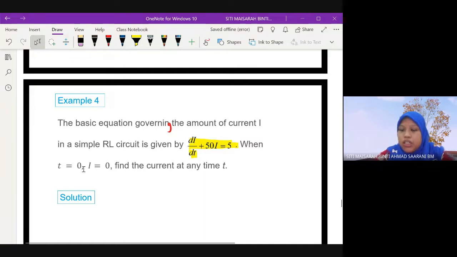Soalan dia pun find the current at any time T. So this is nak I in term of T. So starting with differential equation di dt plus 50I equals to 5, solve differential equation by using integrating factor. So then gantikan T equals to 0, I equals to 0 untuk dapatkan particular solution. Tu dia punya step dia lah.